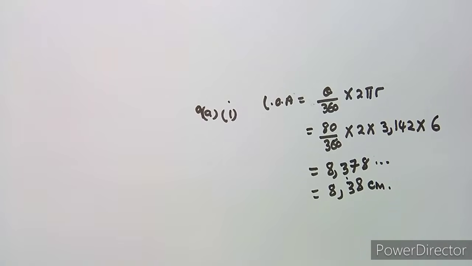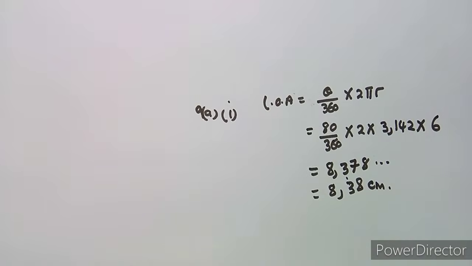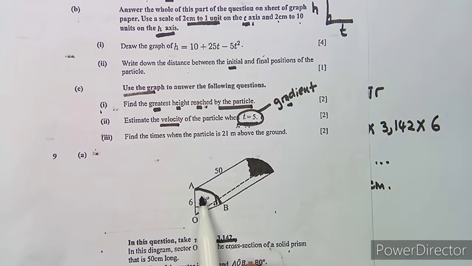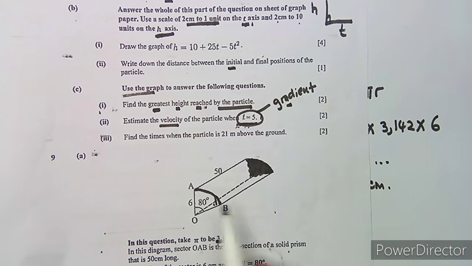Let's see another part, which is the total surface area of the prism. Okay, so item 2, we need the total surface area in this case. So this is what is going to happen, guys. For the total surface area, we are going to calculate the area of this sector here, times 2, because there are 2.